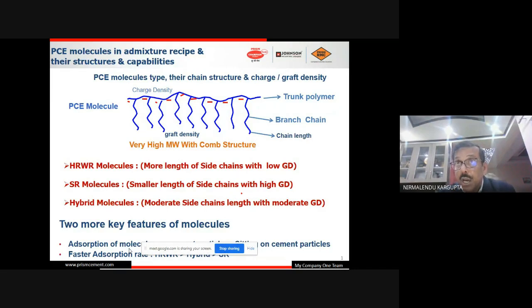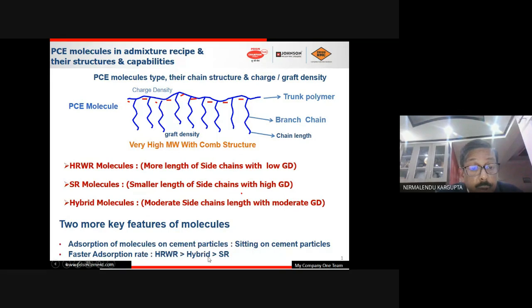Cement particles become negatively charged by the adsorption of PC molecules, because the PC molecule is negatively charged. When more and more negative charge sits on the cement particle, the cement also becomes negative. Simple.